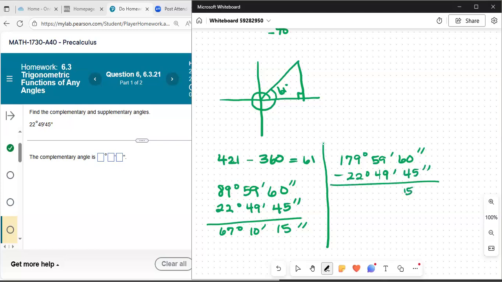Subtract, and we have 15 seconds, 10 minutes, and 157 degrees. So it's 157 degrees, 10 minutes, 15 seconds. Okay, so that was number 6.